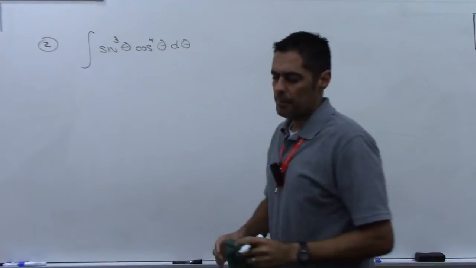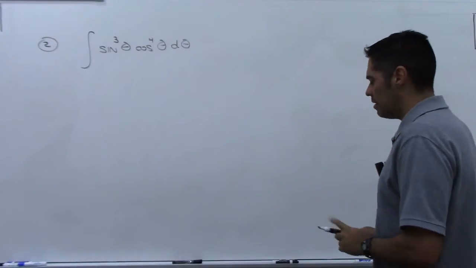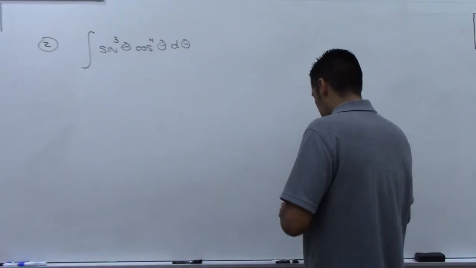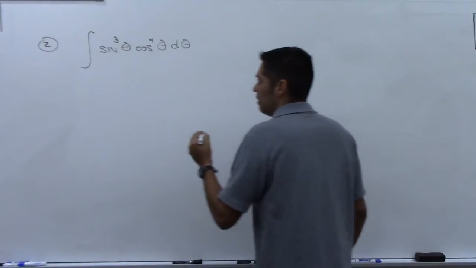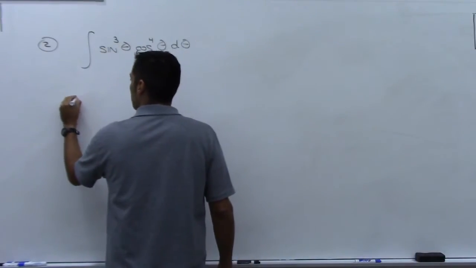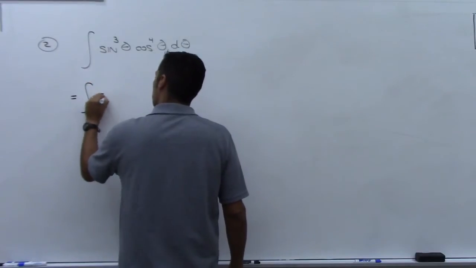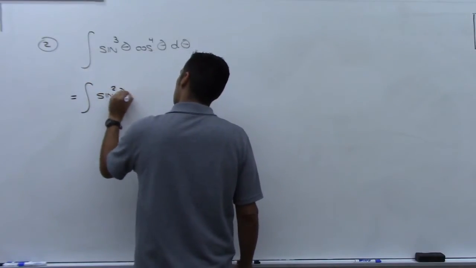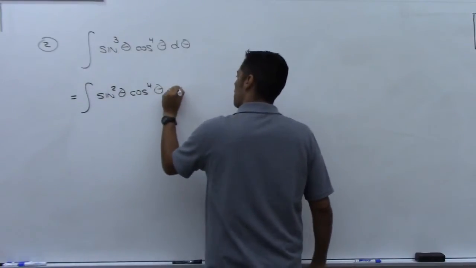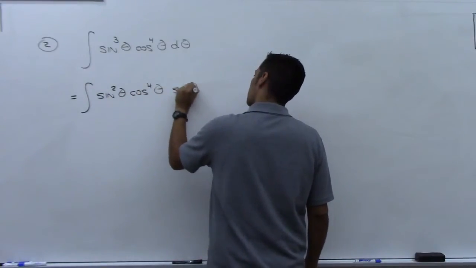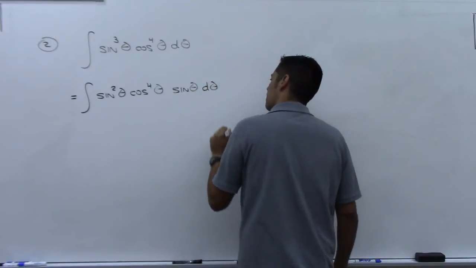This time, the sine is the thing that's being raised to the odd power because it's being cubed. So this time I will factor out a single factor of sine instead. So this can become sine squared theta, cosine to the 4th theta, and then sine theta d theta.